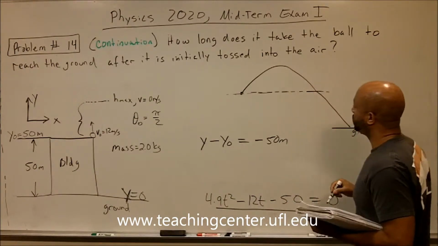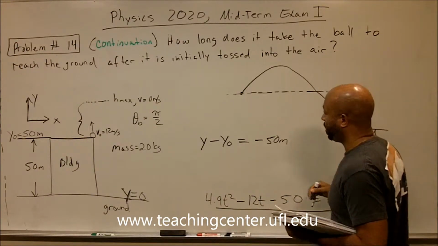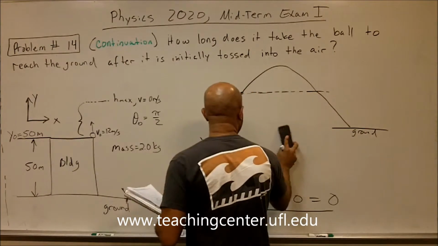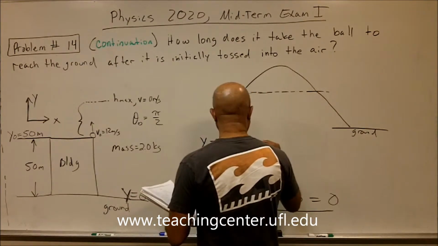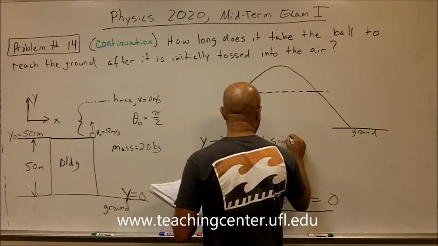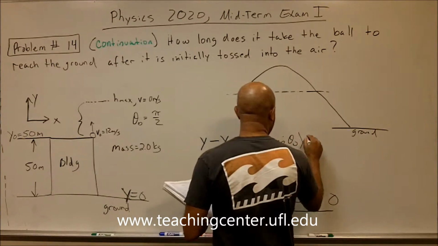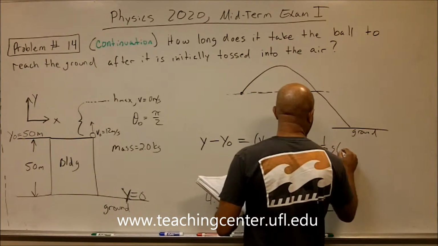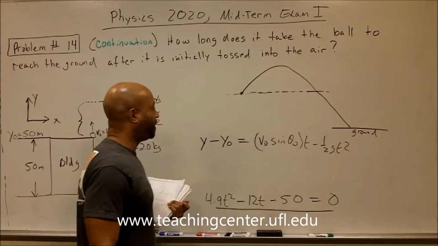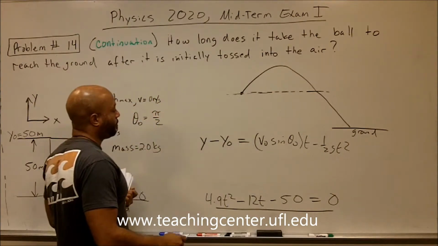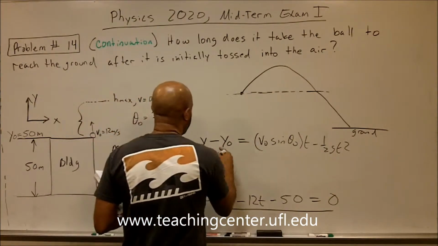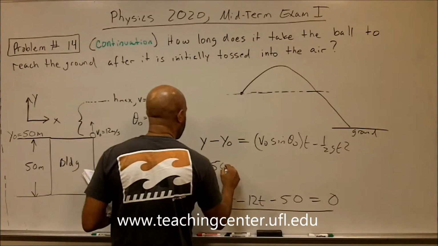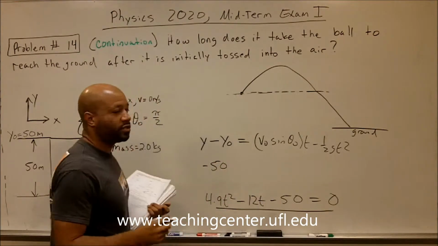All right? And so in this particular equation, you have y minus y sub 0 is equal to negative 50. That's the change in y.